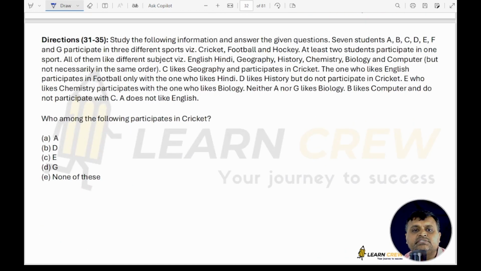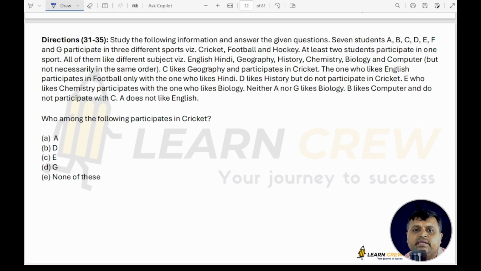Now the next one is also a puzzle. Please see here. 7 students participate in 3 different sports: cricket, football and hockey. At least 2 students participate in one sport. All of them like different subjects, so we have to match student, sport and subject.